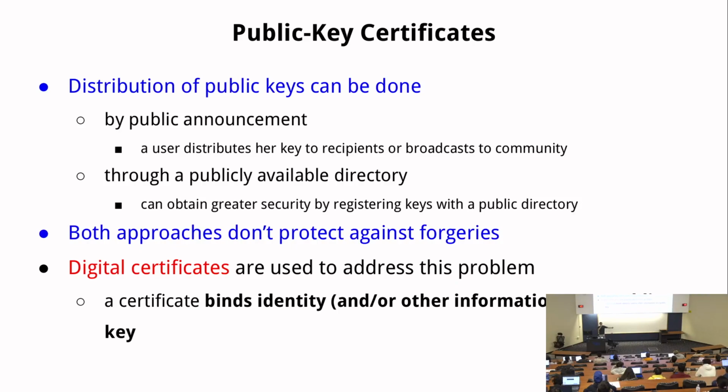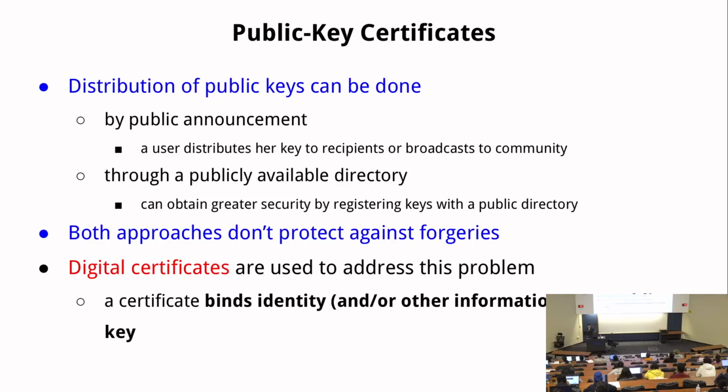Then you just broadcast. You tell everyone, hey, this is my public key. That's easy. The distribution part is easy. Or you say, I put my public key in a public server that everyone can access. That's not a challenge. The challenge is those approaches do not really solve the problem of key authenticity. When you broadcast, this is my public key, how can someone believe you? When you put your public key in a public server, how can someone believe this is really your public key, right?